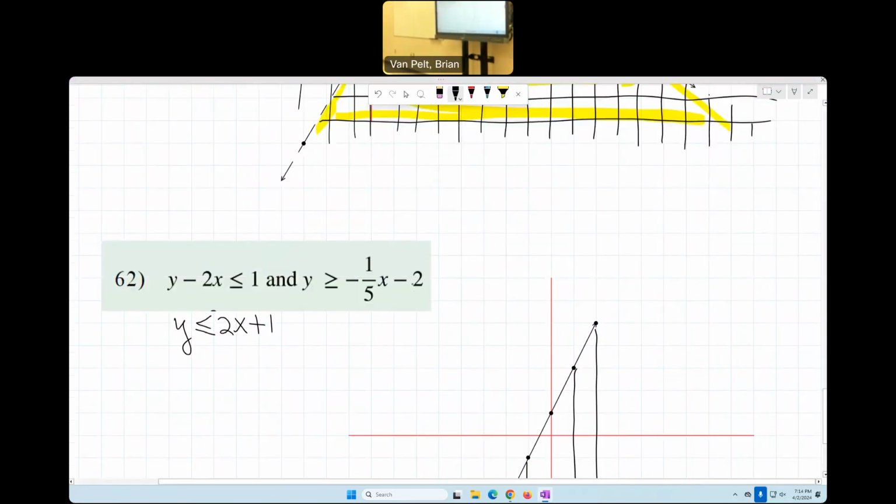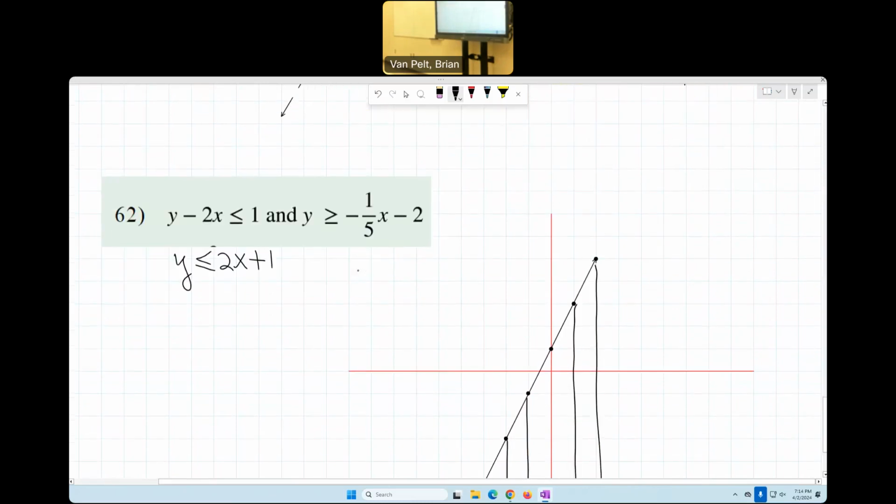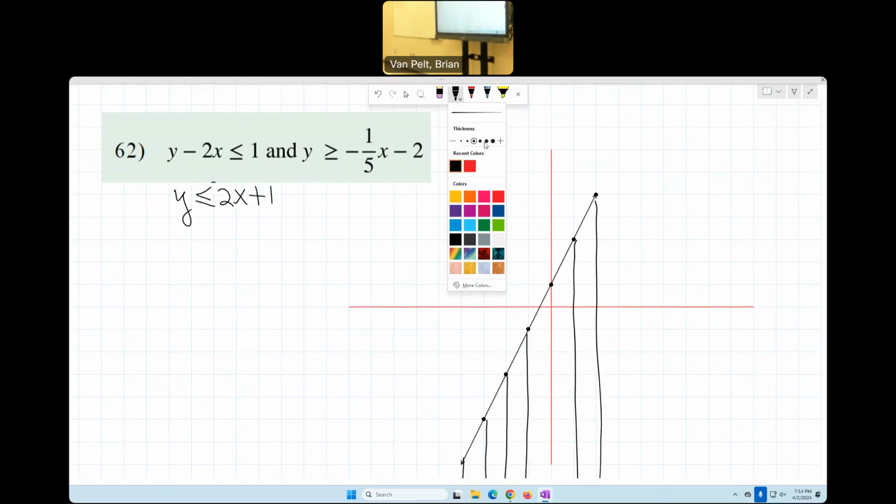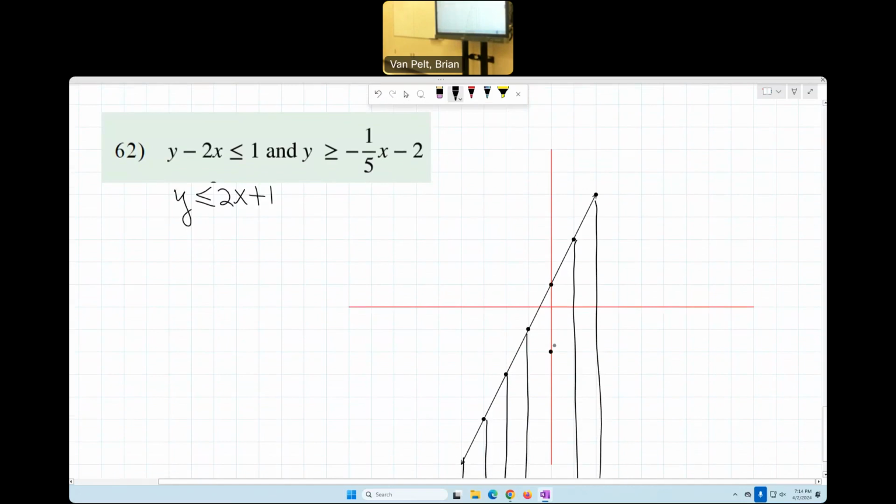This one here, down to the right, and then you would go down one and to the right 5. Let me make my dots bigger. All right, so we'll go down 1, 2. Got it. And then from there, I go down 1 and to the right 5.